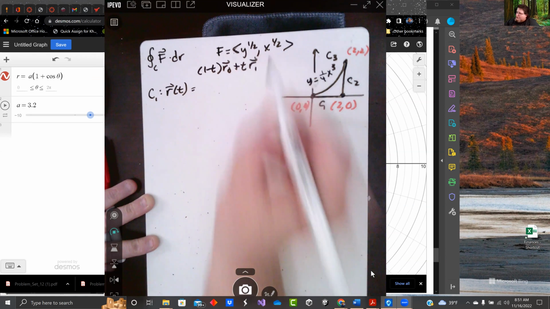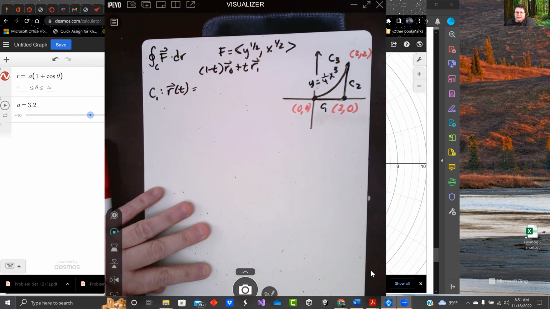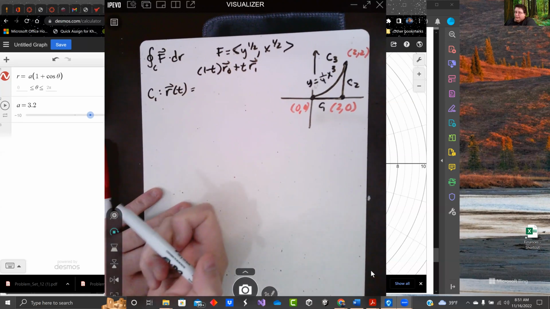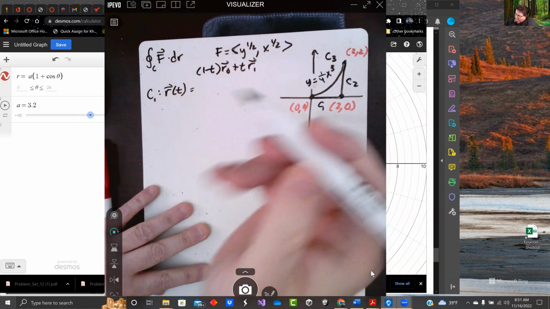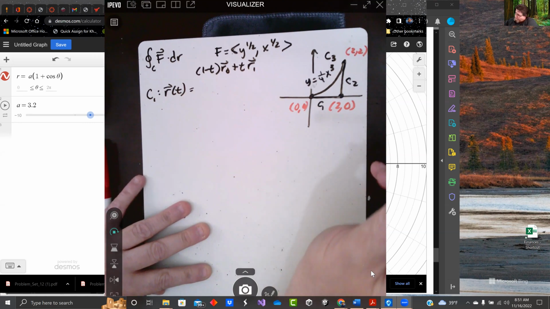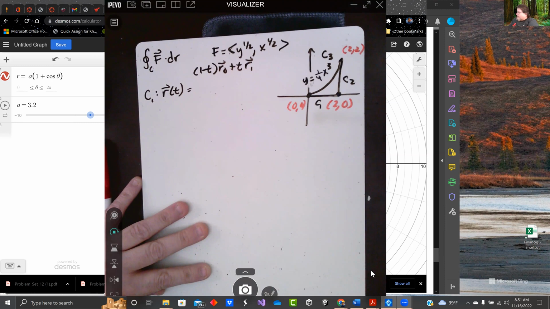We can do that for the first two, but not for the third, unless we can show this is a conservative vector field. Then we can choose any path we want. If we know it's a conservative vector field, we already know the answer. And since I didn't get work equals 0 on the other way, I'm pretty sure it's not conservative.